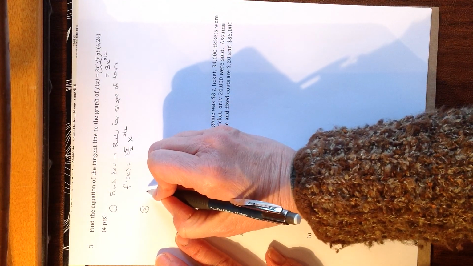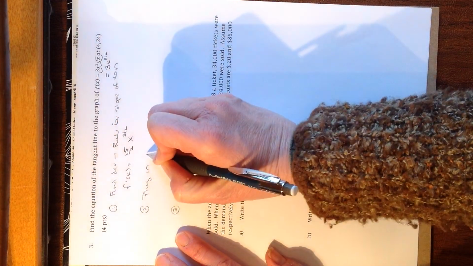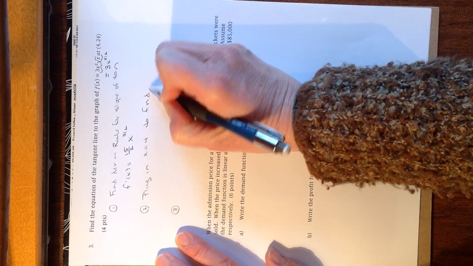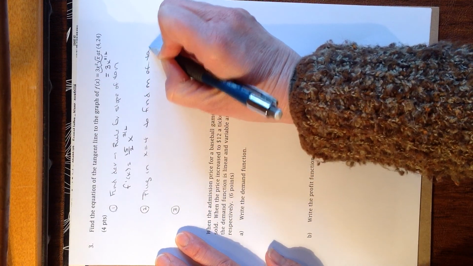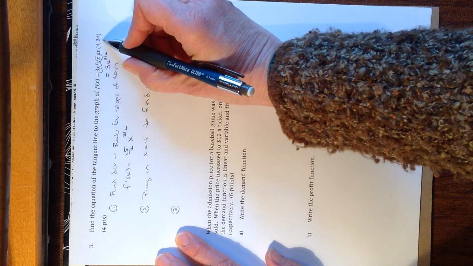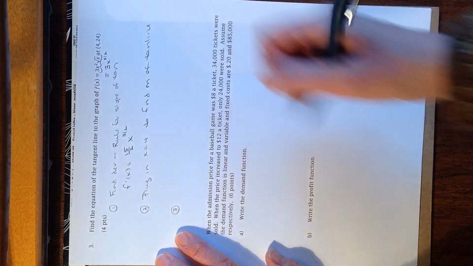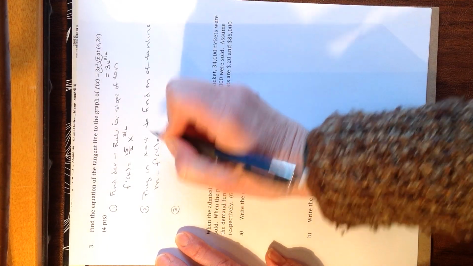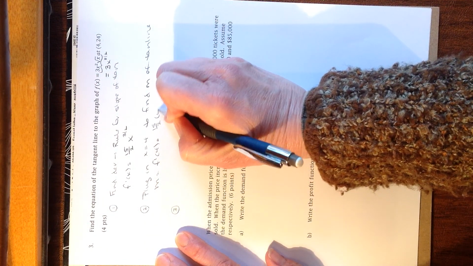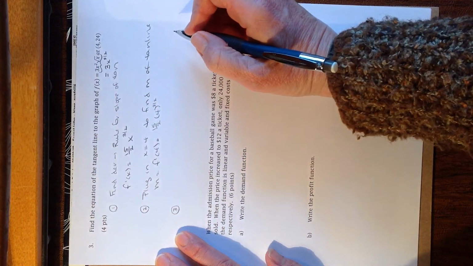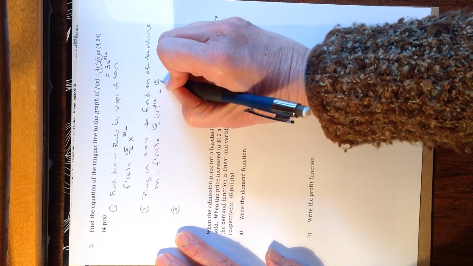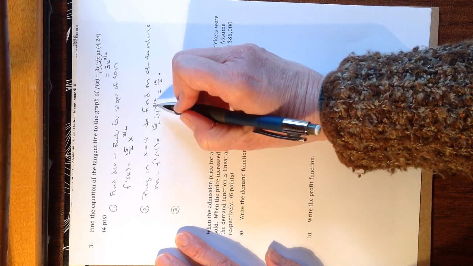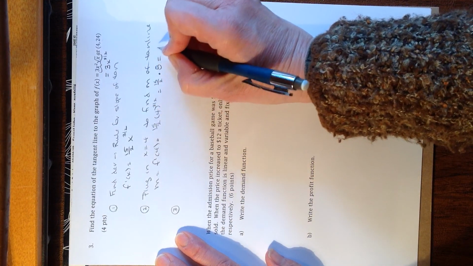The second step is plug in x equals 4 to find the slope of your tangent line at this particular point when x is 4. So my slope is going to be f prime of 4, which is 15/2 times 4 to the 3/2, which is 15/2 times, this is a square root, so 2 cubed, which is 8, and that's 60.